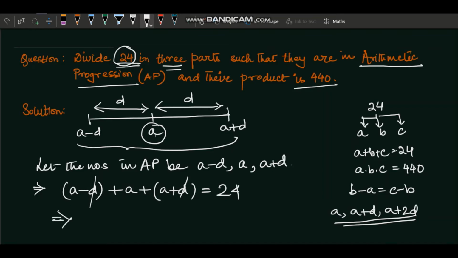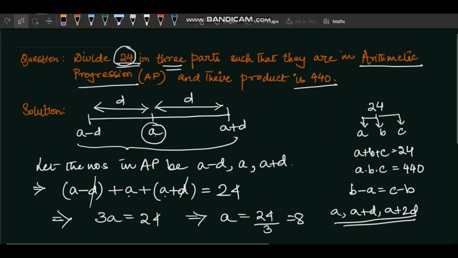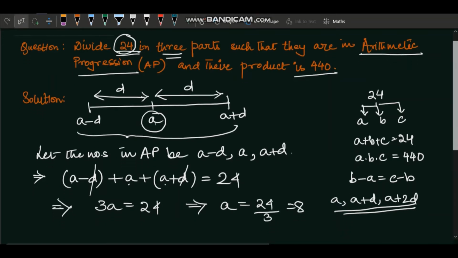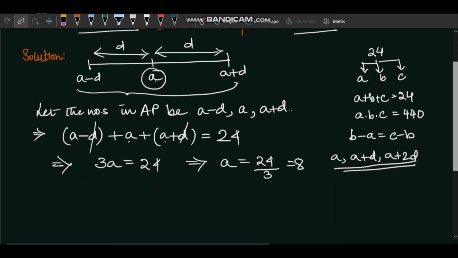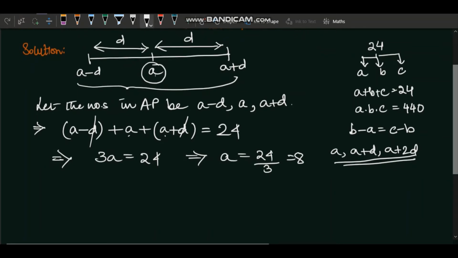We get 3A equals 24, and from here A is equal to 24 by 3, so A is 8. Now once we have got the value of A, we will use the second condition, that is the product of the 3 numbers is 440, and we will find the value of D.